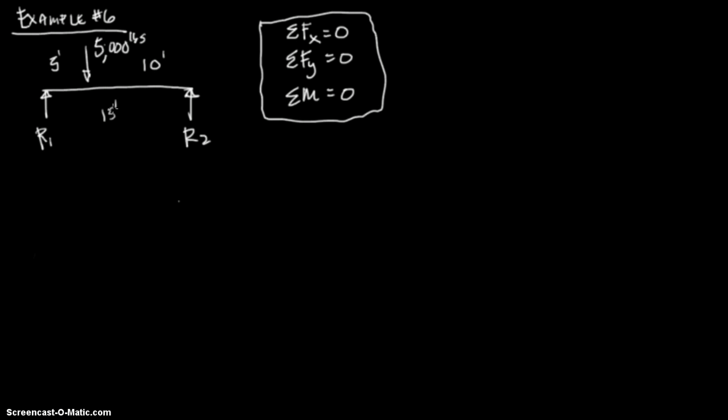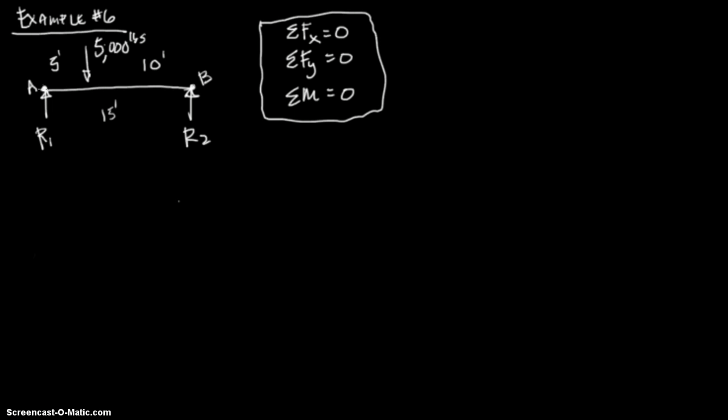And I would go ahead and call this A and this B. They didn't do that, but I will. So it doesn't matter which one you do about. If you do it about this, it gets rid of R2, because the moment that R2 induces is 0, since it's a 0 distance because it's concurrent with that point. So you're going to be solving for R1.